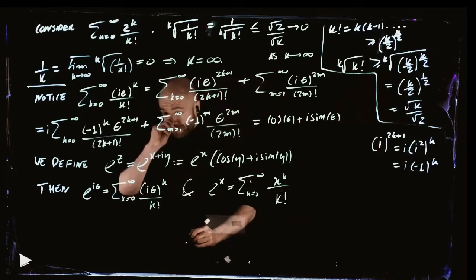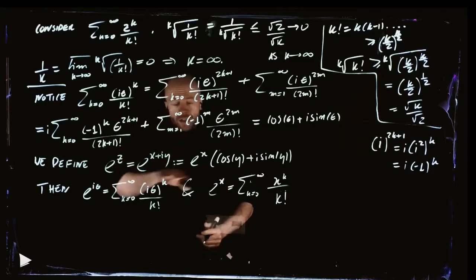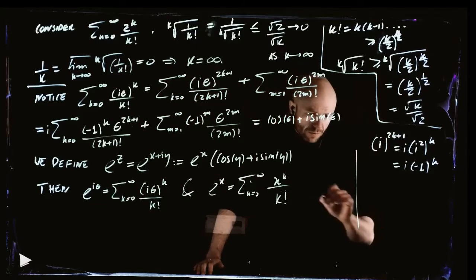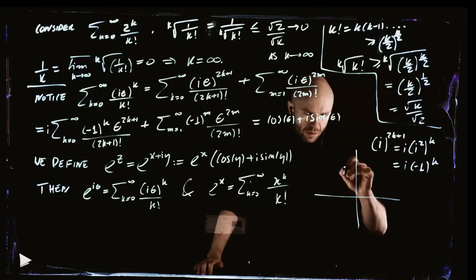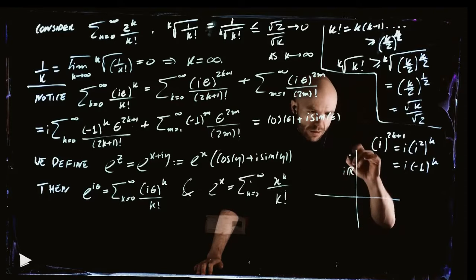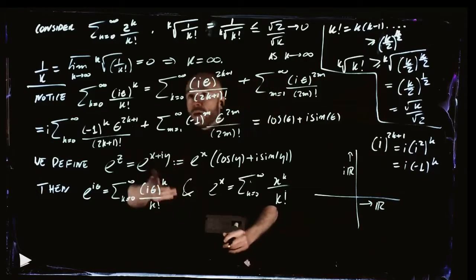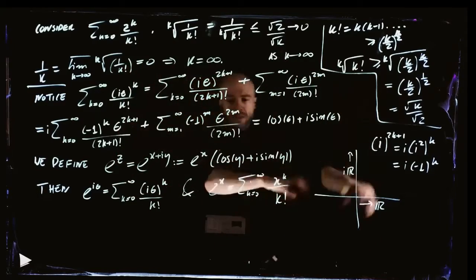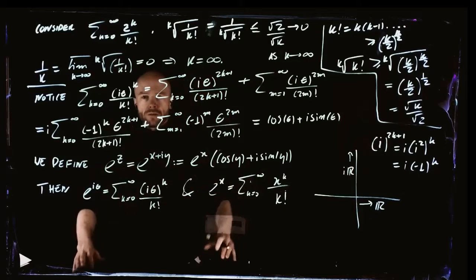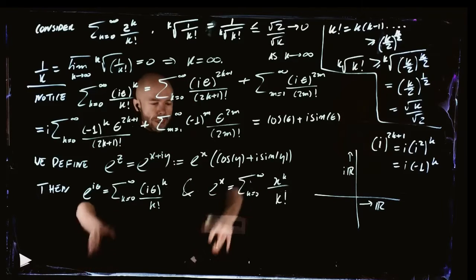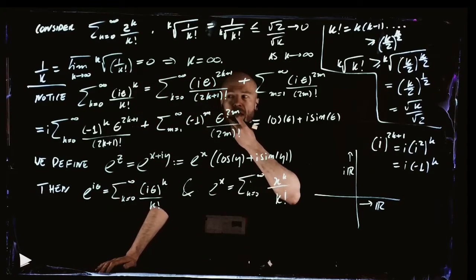So what we see is that if we define it this way, then it agrees with the power series on the imaginary axis and on the real axis. And later we're going to see that this power series actually represents e^z everywhere, but that we'll have to see later.